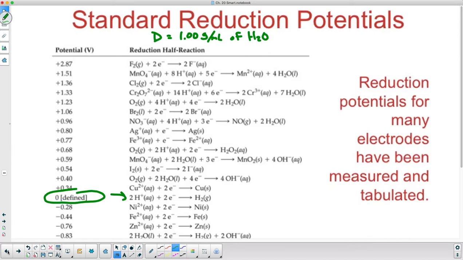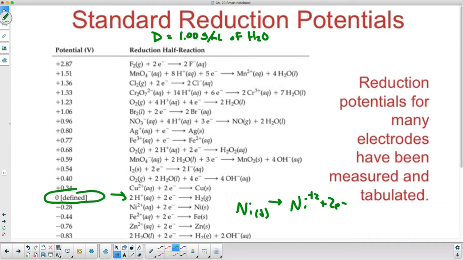So you may see something that's a negative here, and that means that it probably exists more commonly as an oxidation. For nickel as a solid, it would prefer to go in this direction, to change into nickel as a +2 and give off 2 electrons, instead of nickel +2 going into nickel as a solid.